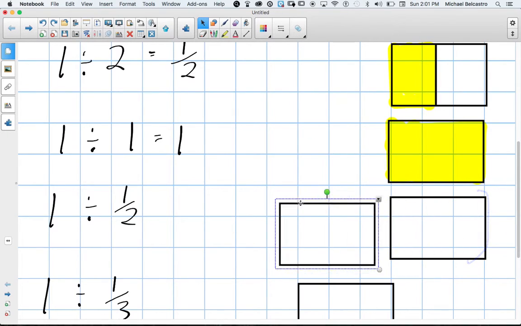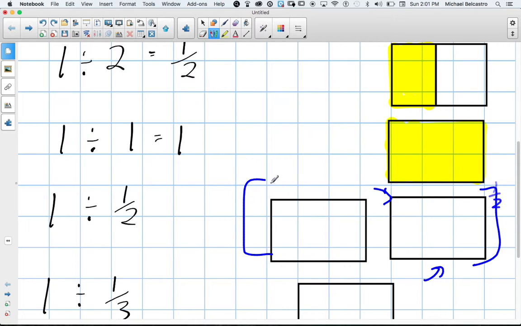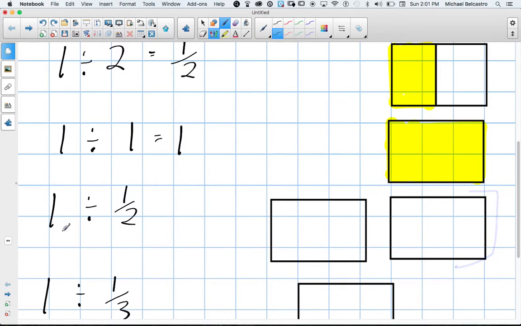We clone it. And now our piece here is a half of all of this. So this original that we started with was a half of what our final answer is. Here's our final answer, the 2 pieces. So 1 divided by a half, and this is where we get that idea of inverting and multiplying.